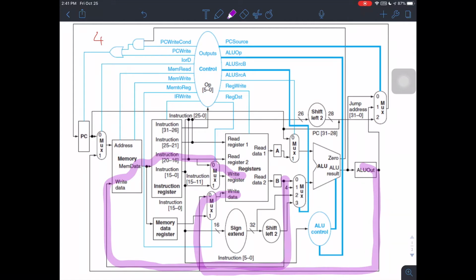Then the address of the register RS that is stored in A will be incremented by 4, and the result is stored in the ALU out register.